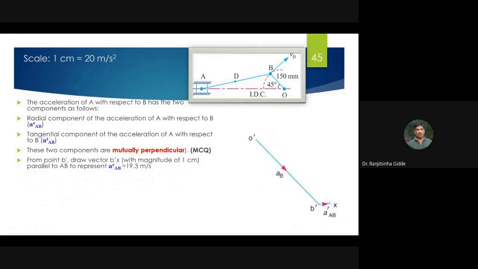This is the vector parallel to this B dash X. It is parallel to this AB. Draw this approximately 1 centimeter in length.